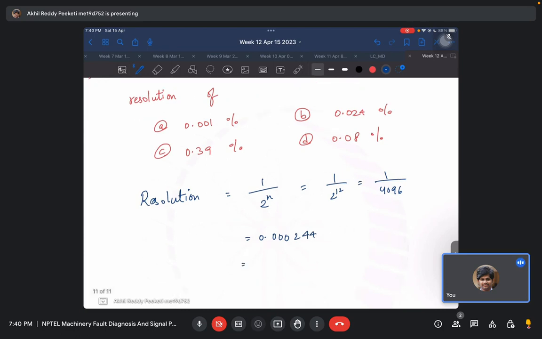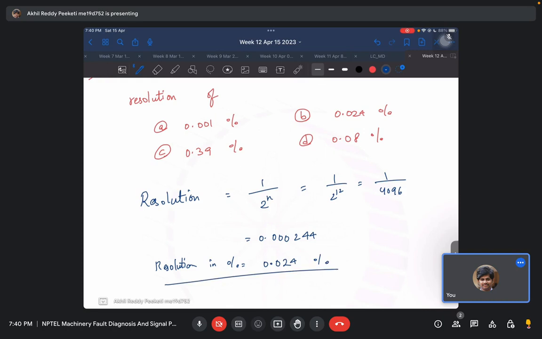If you are writing in terms of percentages, so you can do resolution in percentages. So we multiply it by 100, so 0.024 percent.